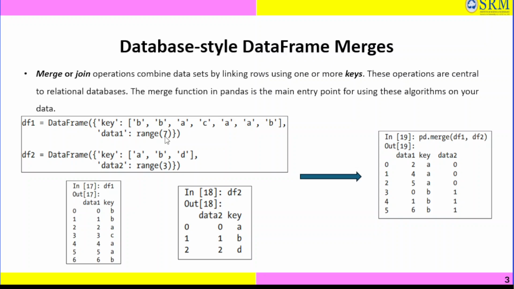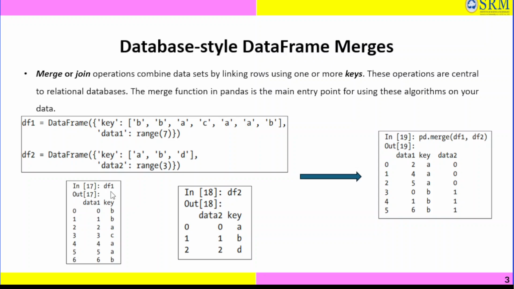Range of 7 is nothing but 0 to 6 will be generated as values because of this range function. And data frame df2 will be created with the key colon values and data2 colon range of 3. Range of 3 is nothing but 0, 1, 2. So this is df1 and this is df2.